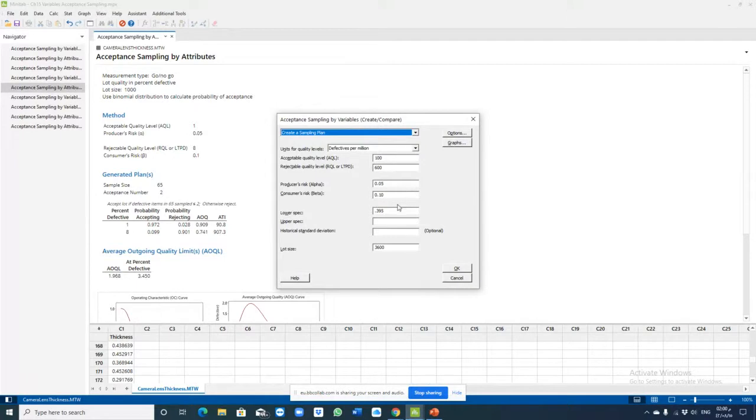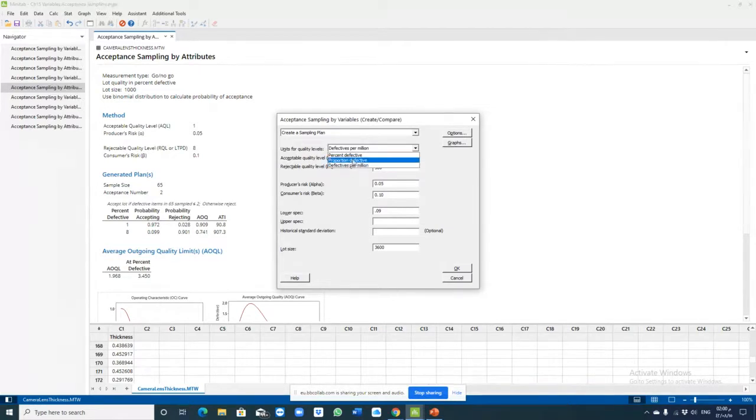and it will look the same, but here you will have the lower specification given or needed to be entered. So we start entering the information again is 100 for the AQL and 300 for the RQL. The producer and the consumer will be the same. We have to do the lower specification as 0.09. Pay attention to use the defective per million if the question gave you the defective in that format.